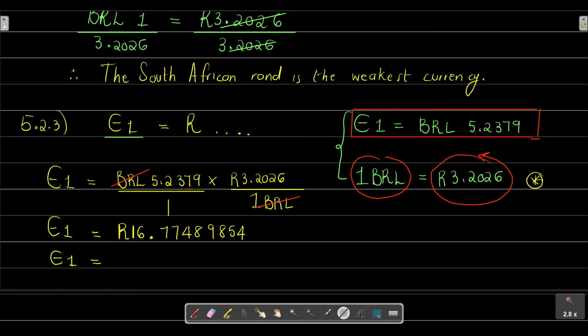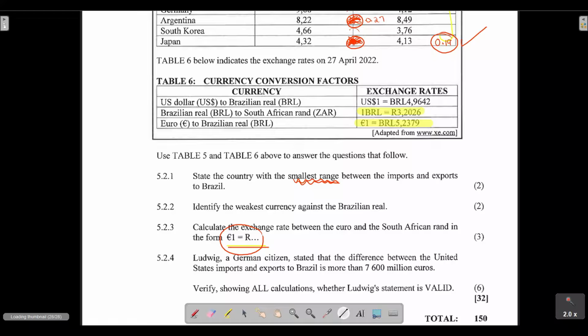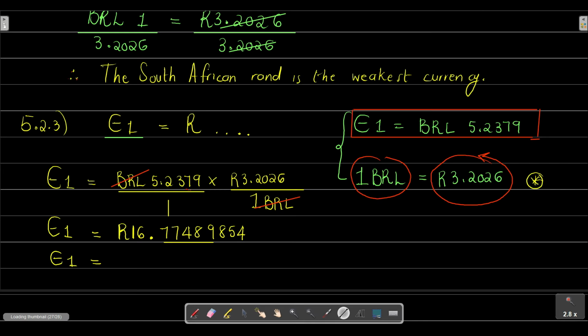So this is approximately equal to, because our exchange rates are in 4 decimal places, that means we need to round this value off to 4 decimal places. We see that all these currencies have 4 decimal places. So we also need to round this value off to 4 decimal places.